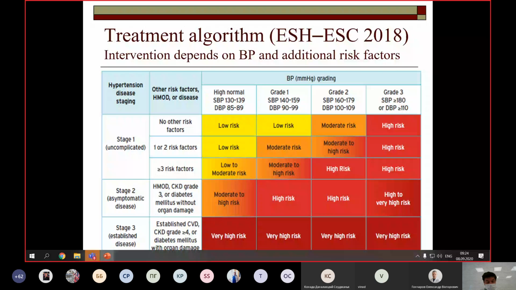The same patient after stroke, for instance, or having established ischemic heart disease, of course, should be qualified as an individual having very high cardiovascular risk. This is an example that illustrates how extremely important it is to use, in routine clinical practice, the additional factors contributing to modulation of the risk in patients having the same level of BP.